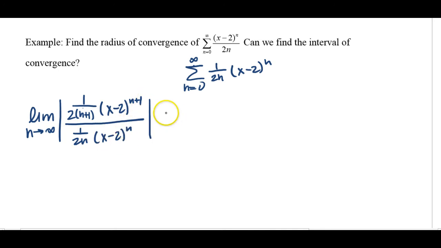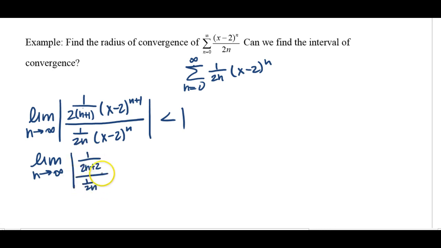I need this to be less than 1. So let's simplify now. I'm going to end up getting the limit as n approaches infinity of 1 over 2 times (n plus 1), which is 1 over 2n plus 2, over 1 over 2n.